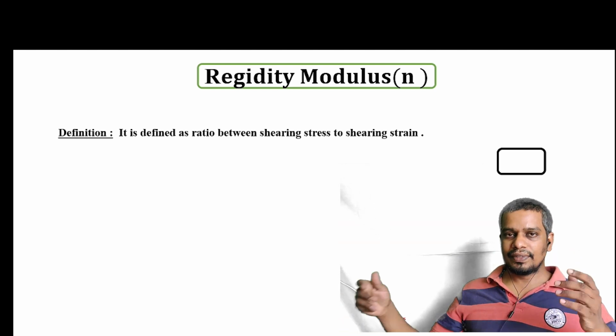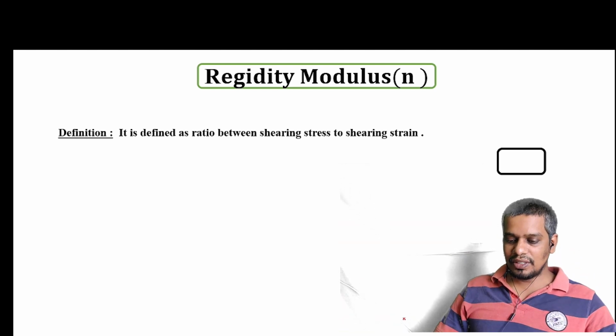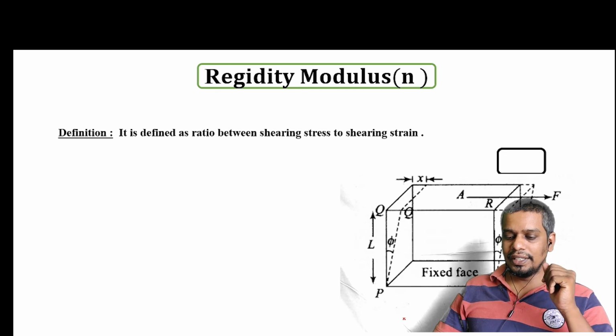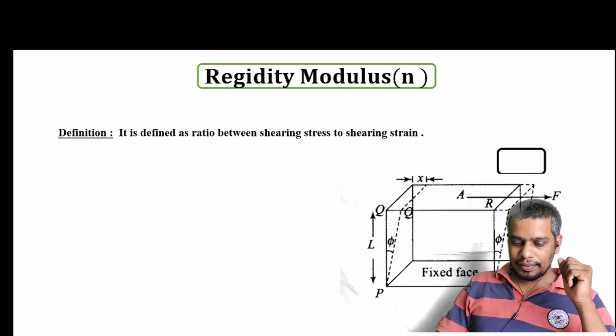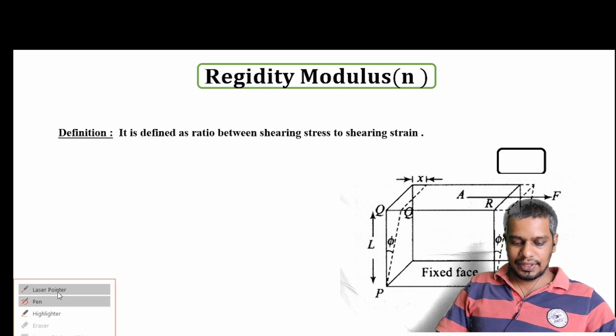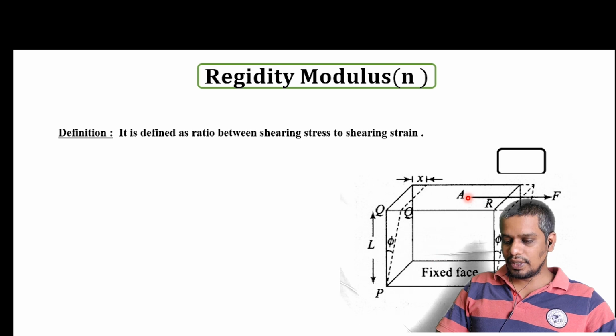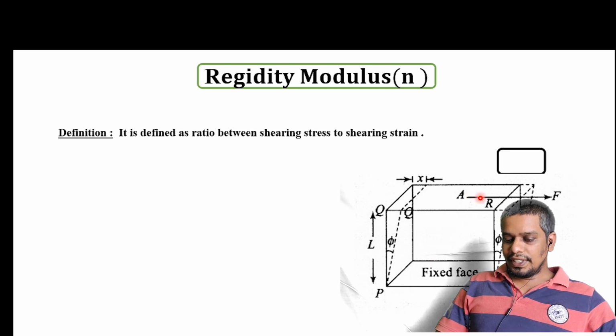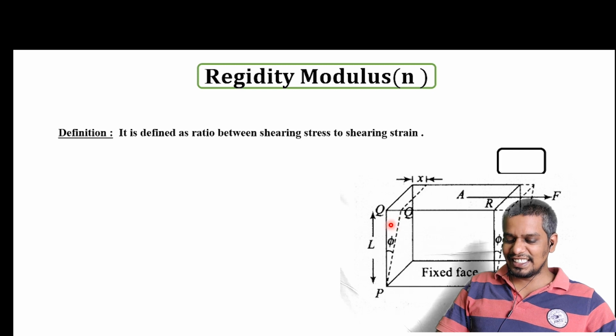So we can see that using the diagram. Look at the diagram here. In this diagram, the force is given on the upward face. The force is given on the surface area A, the top surface, in this direction. That's why it is shear. It is just tilted through an angle pi.